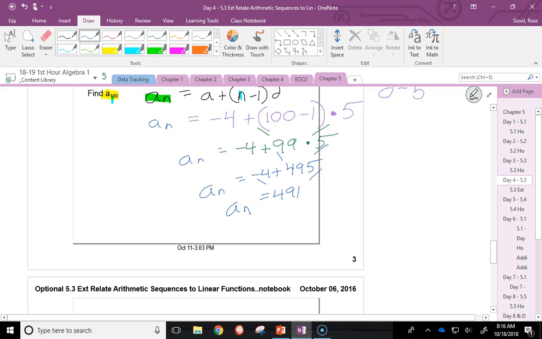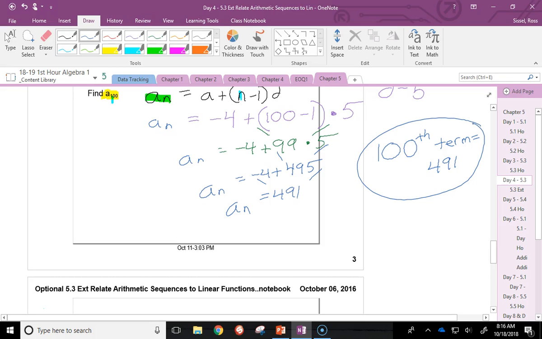I know my answer is 491. So it's saying my 100th term equaled 491. So if I was bored and sat at home and just kept adding 5 to each term until I got the 100th one, I should have ended up on 491. Okay?